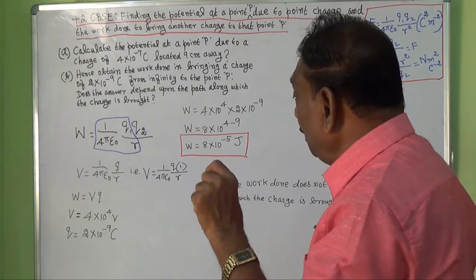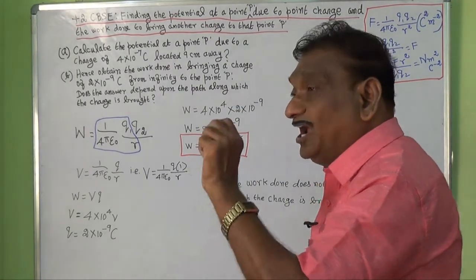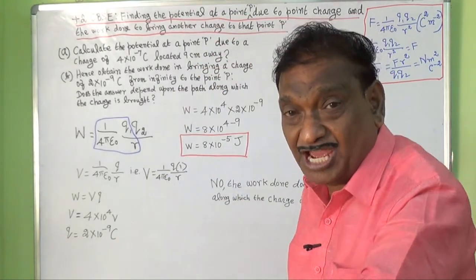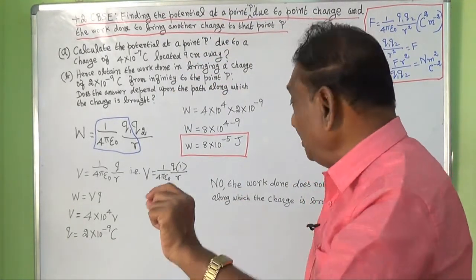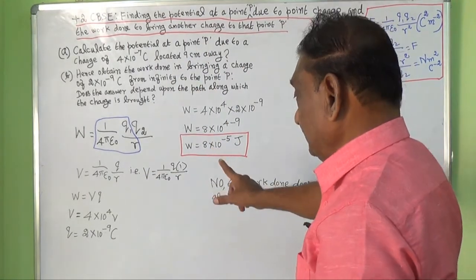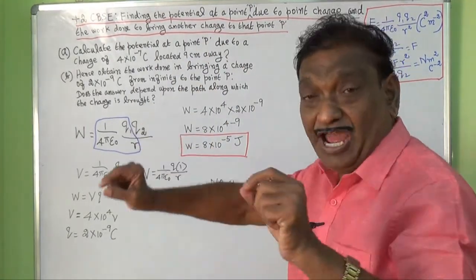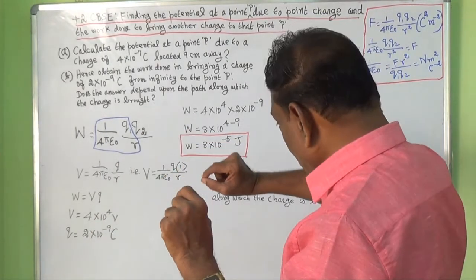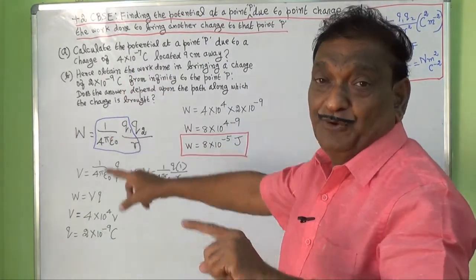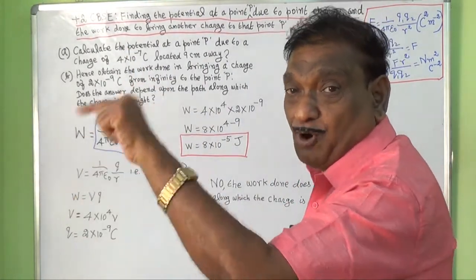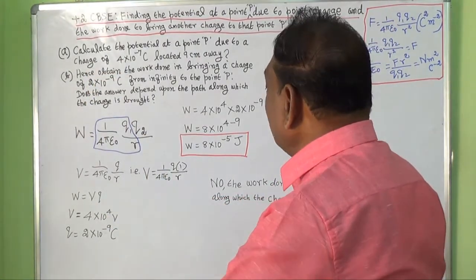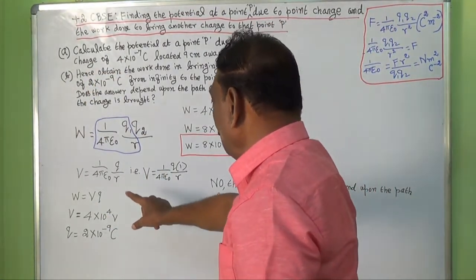Now we are going to find the electric potential energy, not electric potential. That is, we are going to find the work done. That work is done to move the charge 2 into 10 to the power of minus 9 coulomb from infinity to the point at which we have found the potential as 4 into 10 to the power of 4 volt.